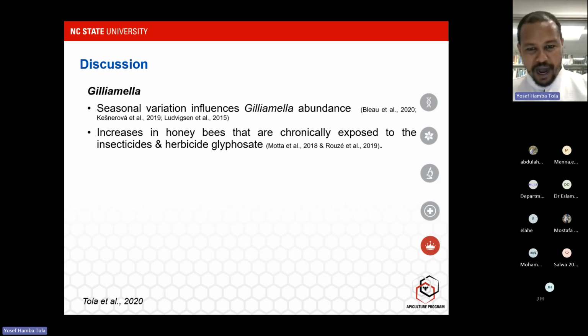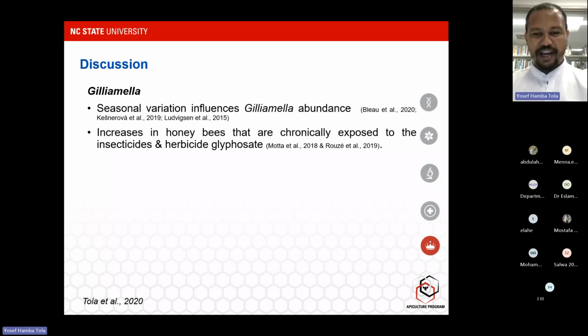The reason why Gilliamella increases in the host when exposed to pesticide is that Gilliamella plays a role in supporting the host for detoxification. It breaks down the toxic compounds.